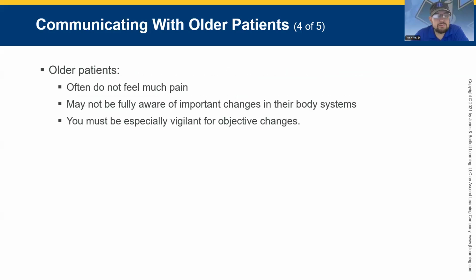Your older patients often do not feel much pain and may not be fully aware of important changes in their body systems. You must be especially vigilant to objective changes. As we get into assessments, we'll get into what to look for and how important it is to actually be very vigilant.